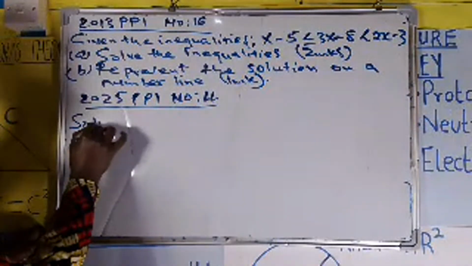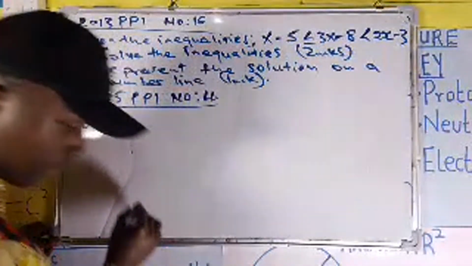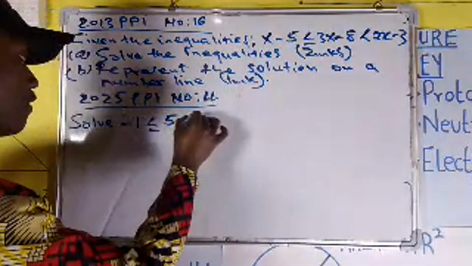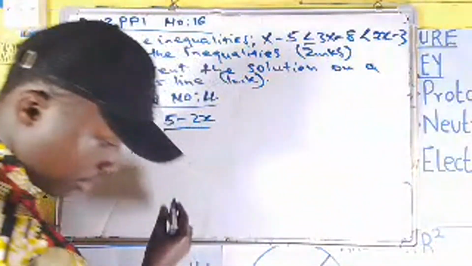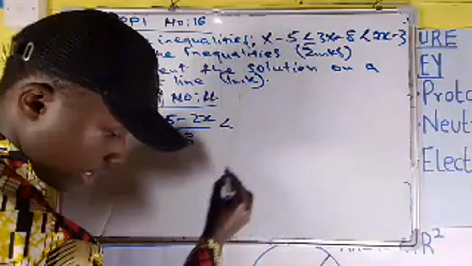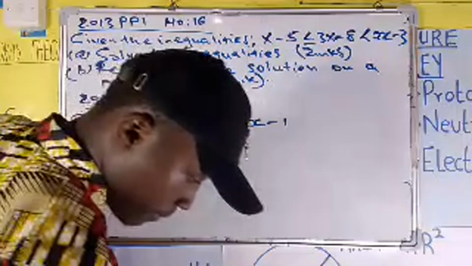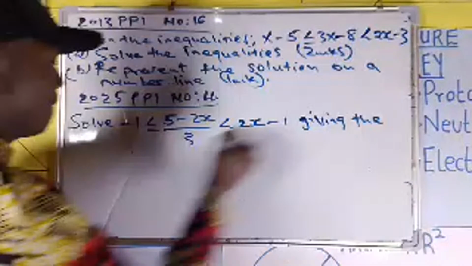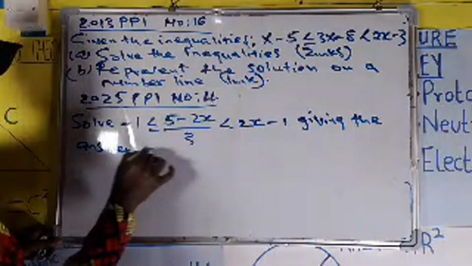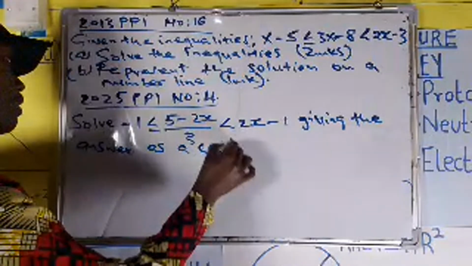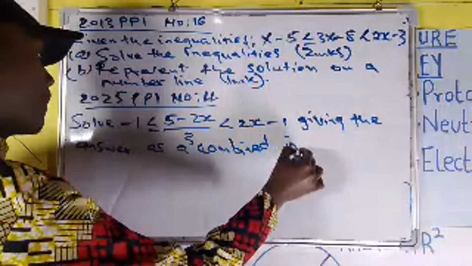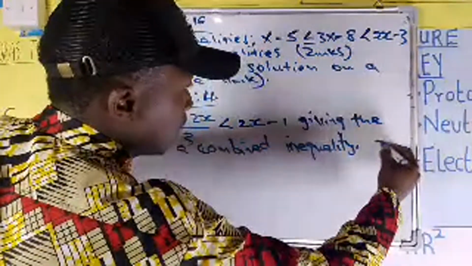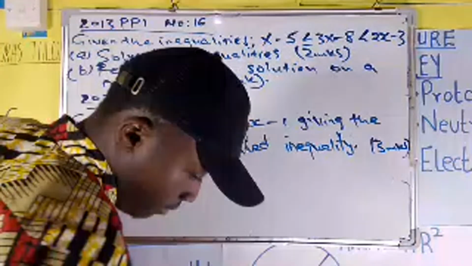Solve -1 is less than or equal to (5 minus 2x) over 3 is less than 2x minus 1, giving the answer as a combined inequality. 3 marks.